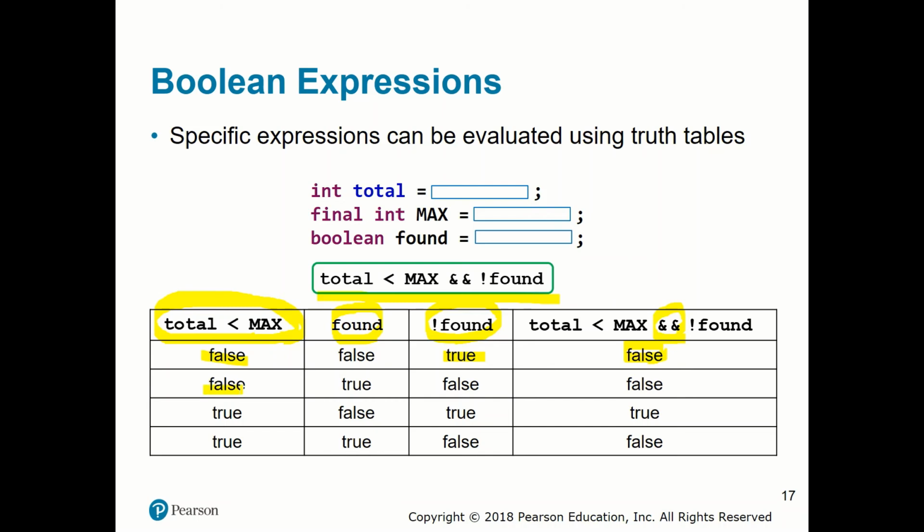And if this is false and found is true, then not found is false, so false and false becomes false. If this is true and found is false, then not found becomes true, so true and true becomes true. And if this is true and found is true, then not found becomes false, so true and false becomes false. So when you see complex expressions, it is a very good idea to make truth tables.